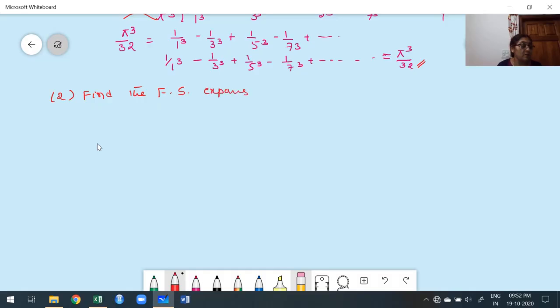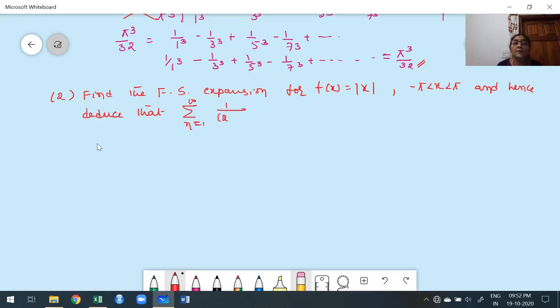Expansion for f of x equals mod x in the interval minus pi less than x less than pi, and hence deduce that the summation, n ranging from 1 to infinity, of 1 by (2n minus 1) whole squared must be equal to pi square by 8. This is one of the important problems.